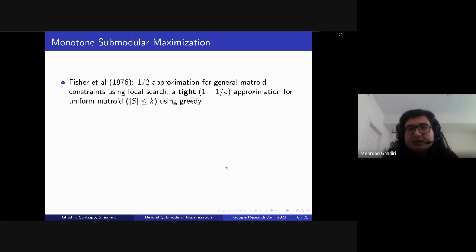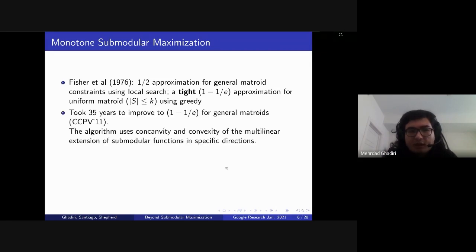And they gave a tight 1 - 1/e approximation for uniform matroids. Uniform matroids are just the family of sets with size less than or equal to k. It took a long time, about 35 years, to improve that half approximation for general matroids to 1 - 1/e, to get the tight approximation.